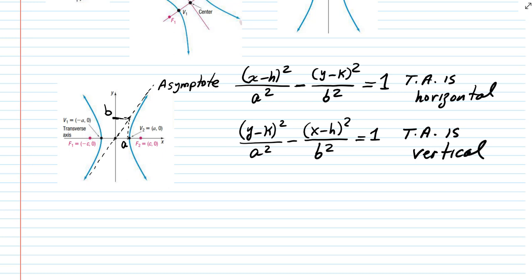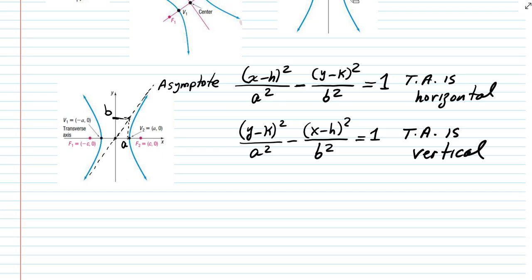So we really do need two distinct equations for the hyperbola. And notice, by the way, that the denominator switched here. The denominator of y in the first one was b squared. The denominator of the second one is a squared.